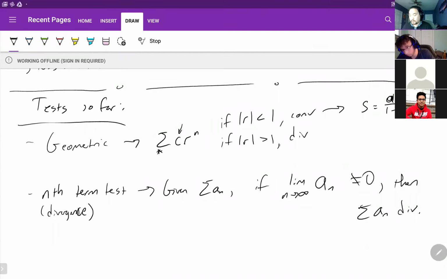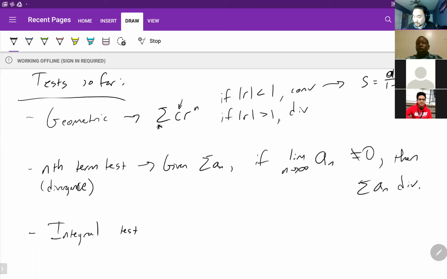Does anyone remember the 3 things that you need to have to run this test? Positive, continuous, decreasing. Okay, but what has to be positive, continuous, decreasing? The function. And where did this function come from? It comes from the series, the sequence, right? That's given.